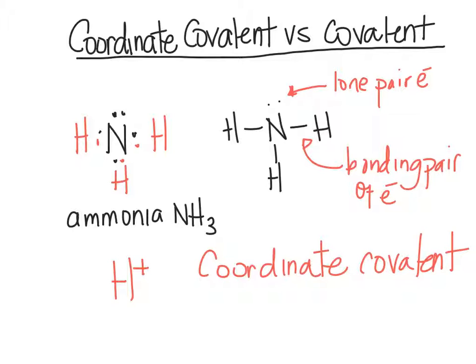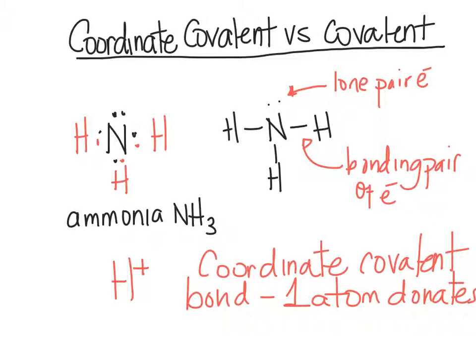A coordinate covalent bond is when one atom donates both electrons to the bond instead of 1 electron from each atom.